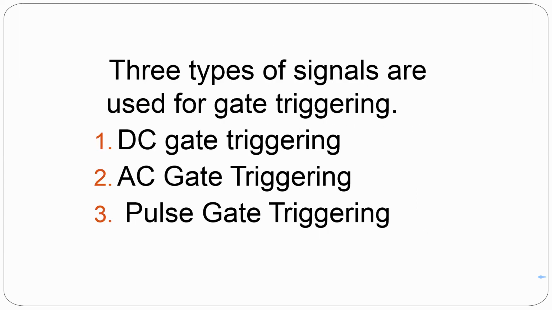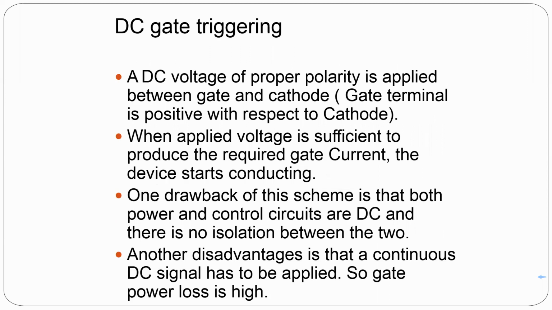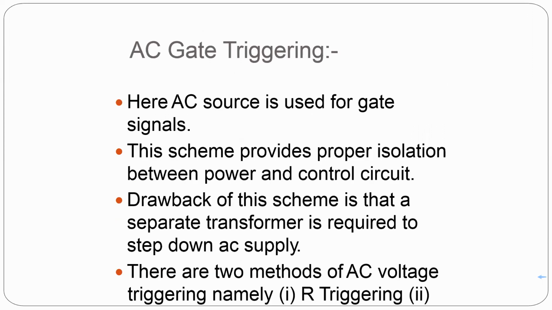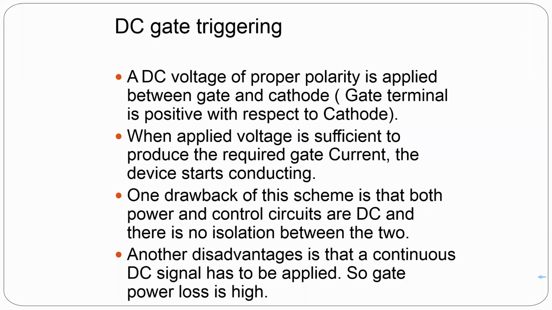What are the typical signals that can be provided to a gate circuit? We can provide a DC gate signal, which we have already discussed, or we can provide AC gate triggering, or pulse triggering. What are the differences? The drawback of DC is that there is a continuous DC signal, so there are high power losses.